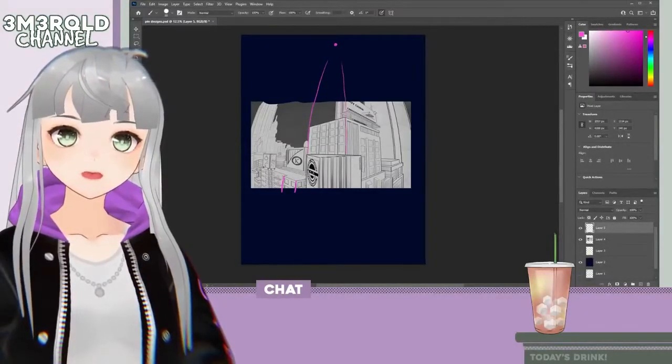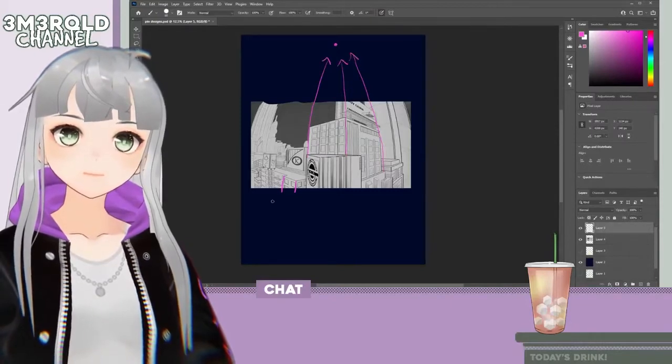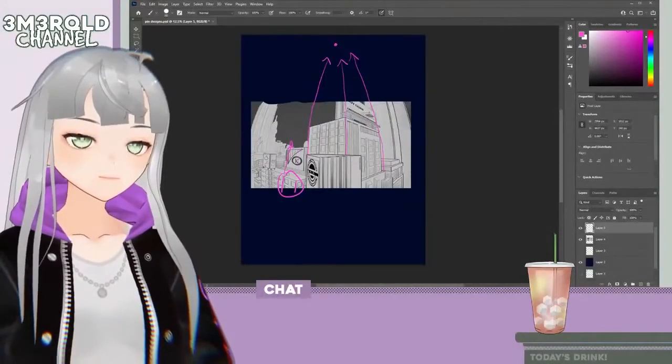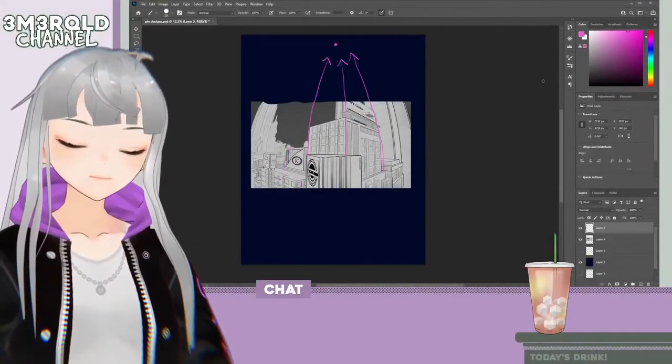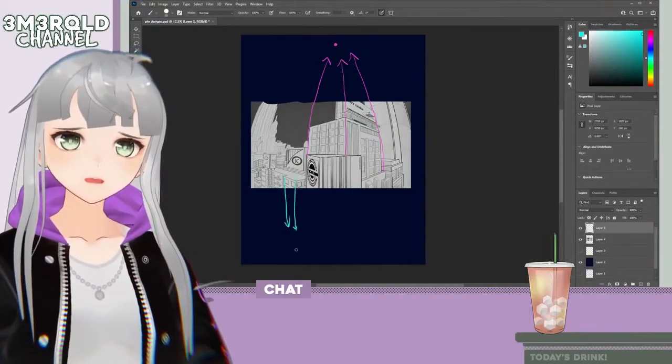This is all going up here. But these lines down here are not going up there. The lines on the bottom are converging to the same point here.